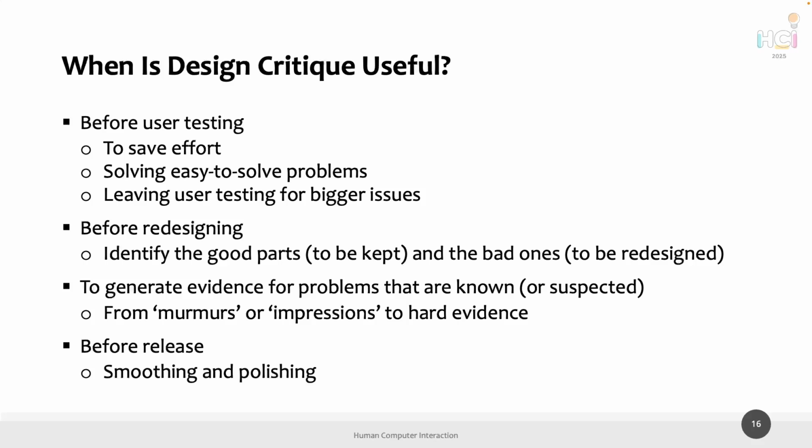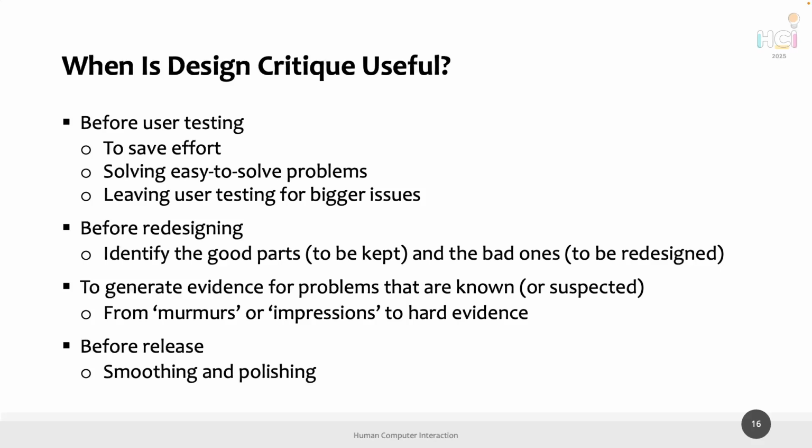Again, we can use this design critique method at different stages of our design process. So we can use it before user testing to save effort and solve the easy to solve problems. We can use heuristic evaluation maybe before redesigning something, for example, to identify the good parts of your interface and the parts that should be redesigned.